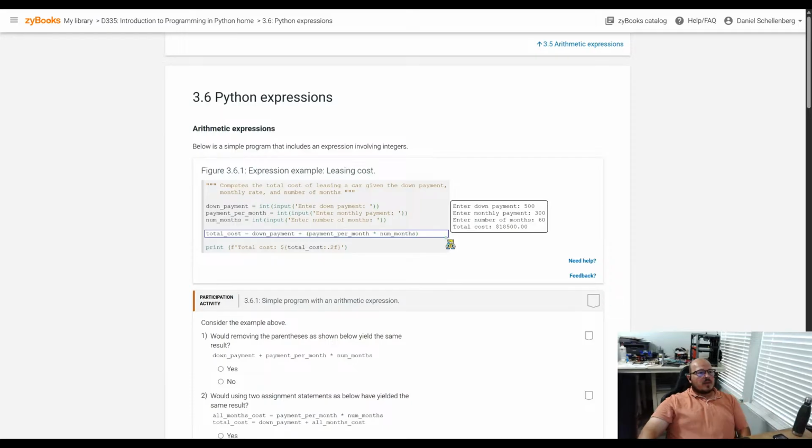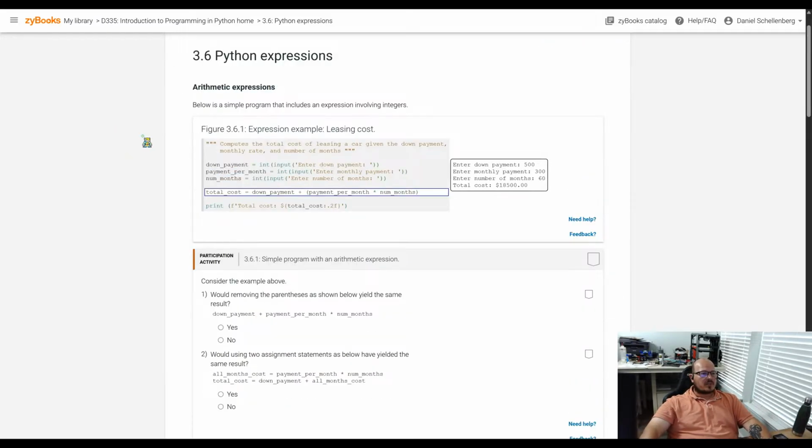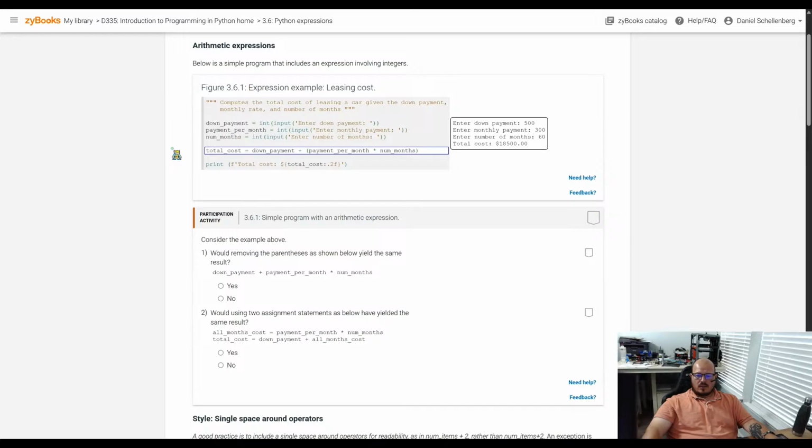Okay, let's continue. Python expressions. Arithmetic expressions. Below is a simple program that includes an expression involving integers. It computes the total cost of leasing a car given the down payment and monthly rate. So it looks like it takes an input for down payment, for payment per month, and for number of months.